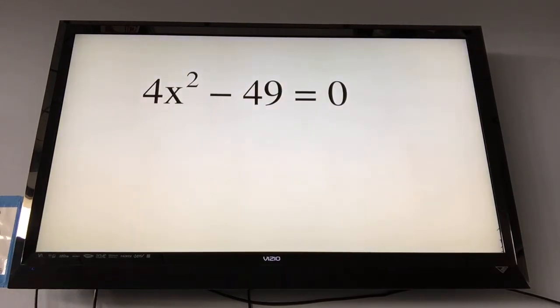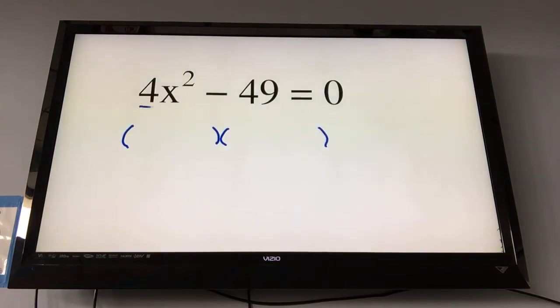Okay, 2 terms. How do we factor 2 terms? What do I get for x squared? 2x times 2x. So this is my difference of squares. And for 49, 7 times 7, same number.